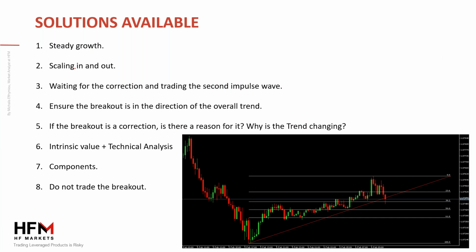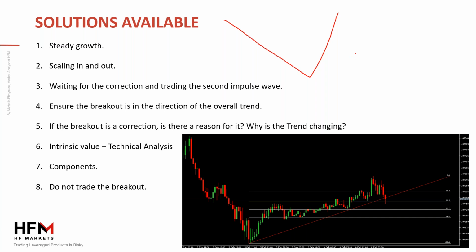You'll see that 95% of the time where there are false breakouts, there is a lot of volatility. For example, if we declined like this over 15 candlesticks, we've managed to increase the same amount over 2 candlesticks.